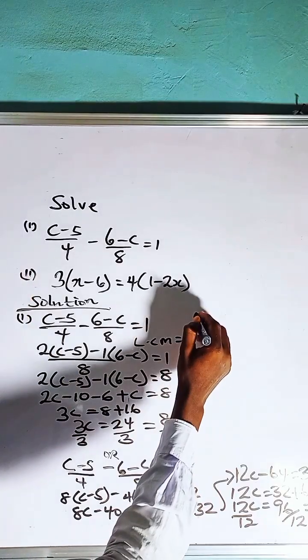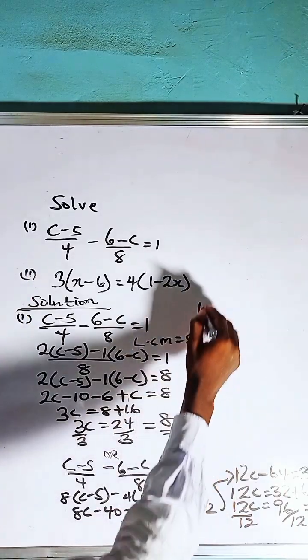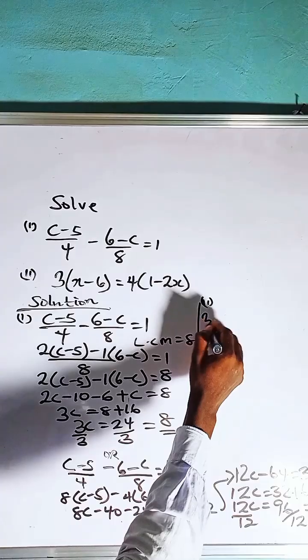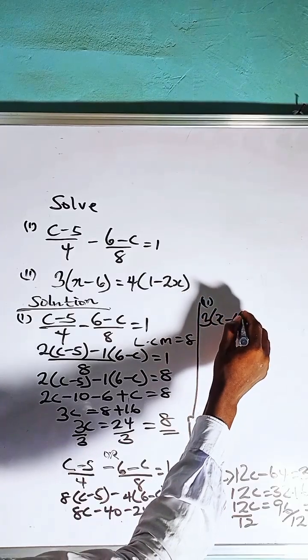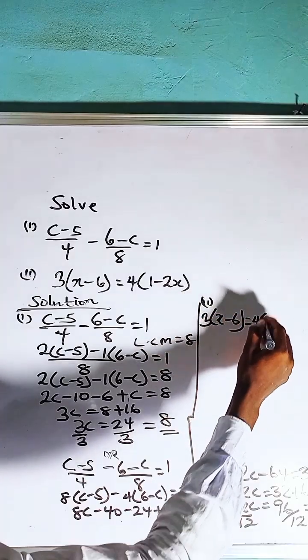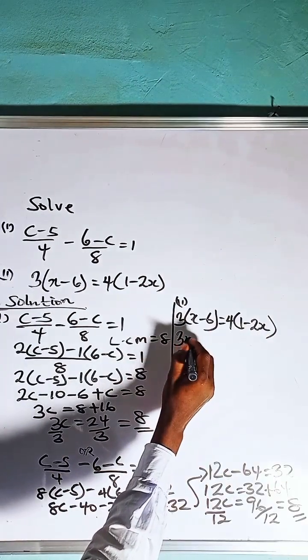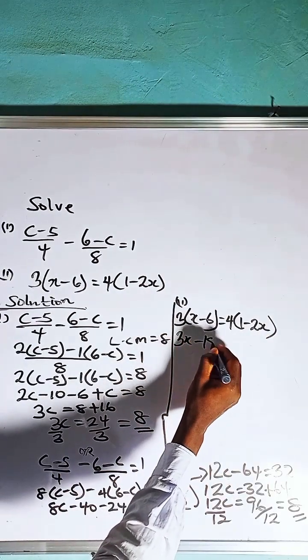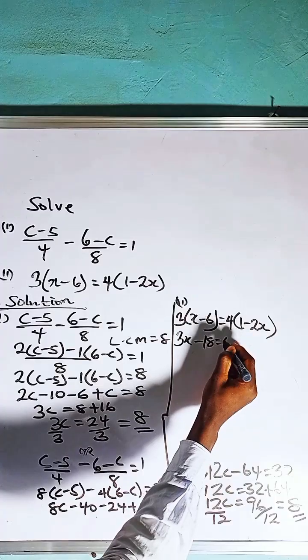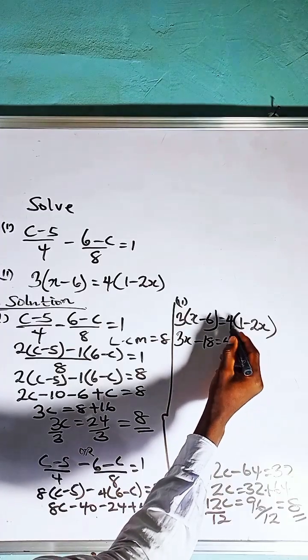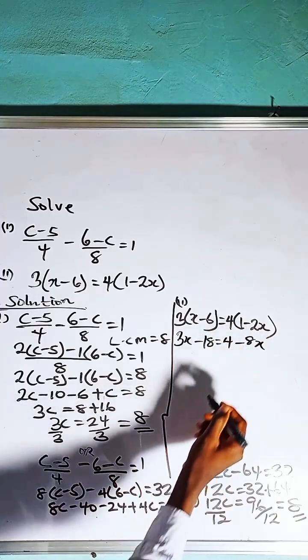For equation 2, we have 3 into (x minus 6) equals 4 into (1 minus 2x). 3 times x is 3x, minus 3 times 6 is 18, equals 4 times 1, which is 4, minus 4 times 2, which is 8x.